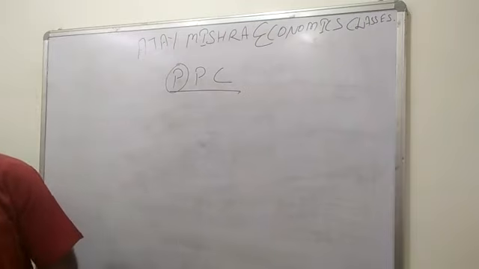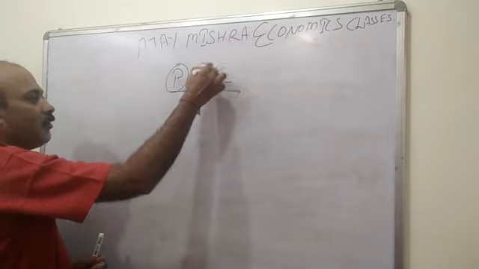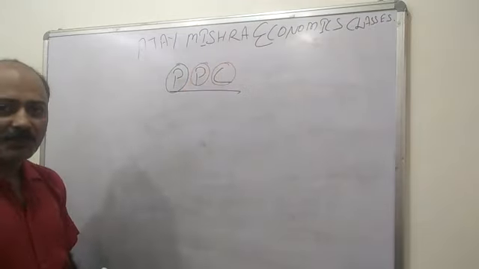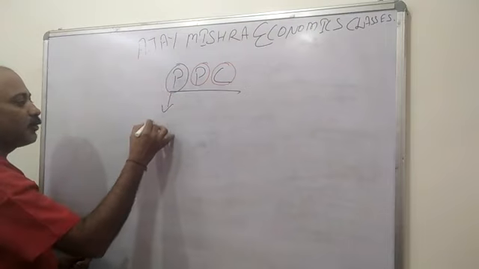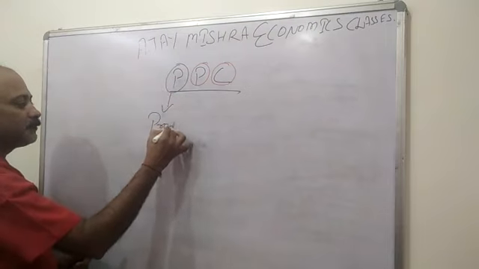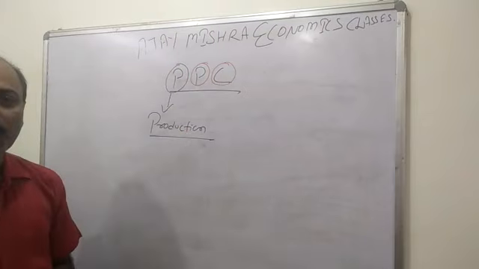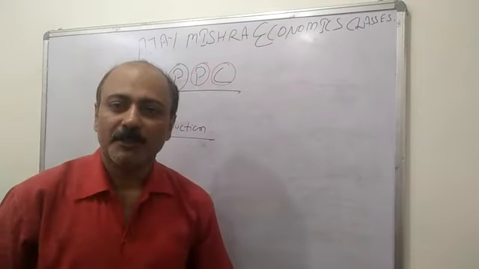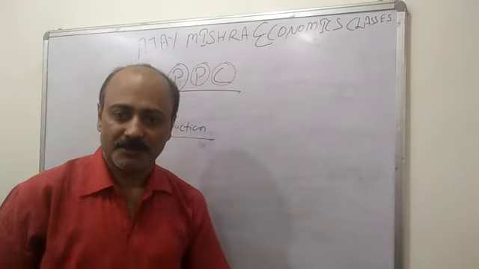It means one by one, we have to understand the meaning of PPC. So first of all, the first P means production. How much production you can carry out from the available resources.